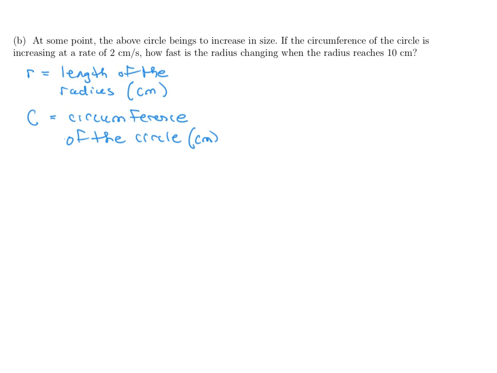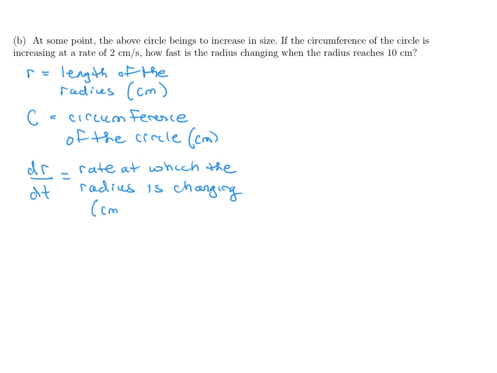With these two variables defined, again, we can say, what is dr dt and what is dC dt? dr dt is the rate at which the radius is changing. Notice that the radius is the thing that we're solving for, and I'm going to use the same language that appears here. We're trying to solve for dr dt. And I know the units on this are going to be centimeters per second. The other thing is, what is dC dt?